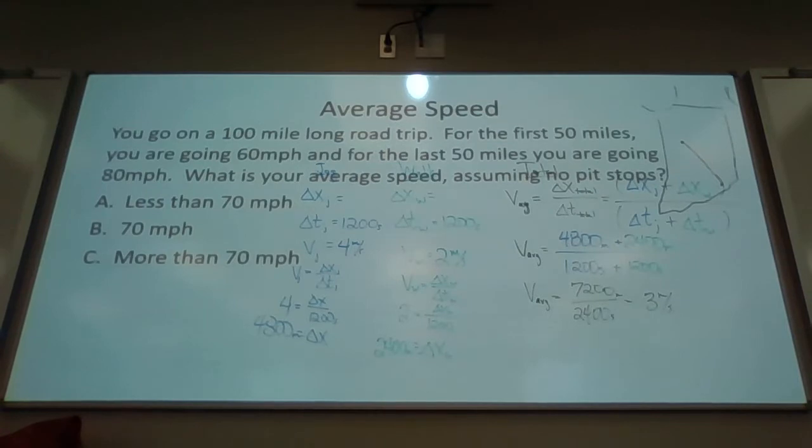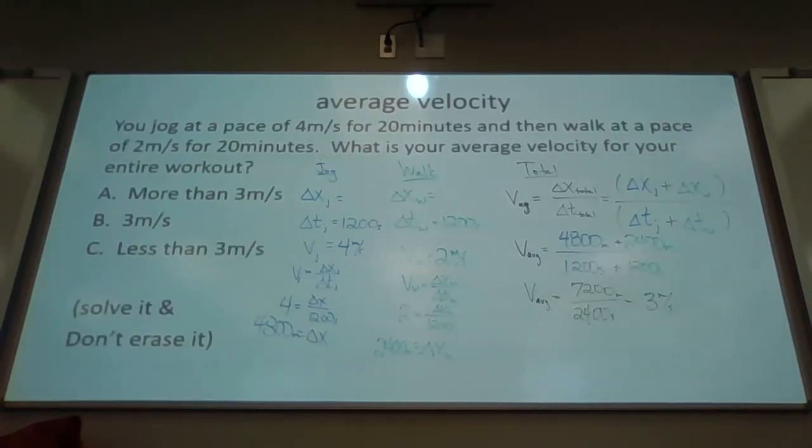Now, what is the difference between this question and that question? Okay. It's miles instead of minutes. You have to use the miles to figure out how long you do it. You're on the right track. Leo.